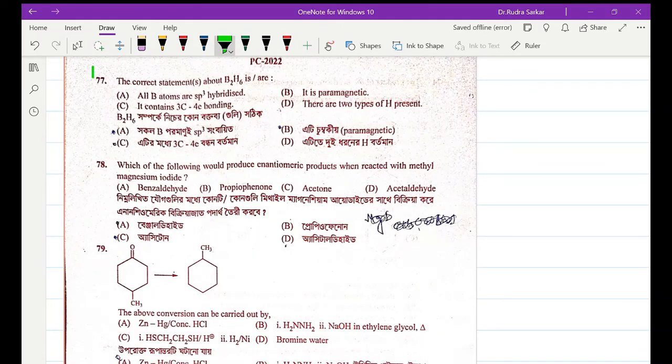Okay, now here the question is the correct statements about B2H6, okay, let's check. So for this we need to know the structure of B2H6. The hydrogens now I'm drawing are called terminal hydrogens.